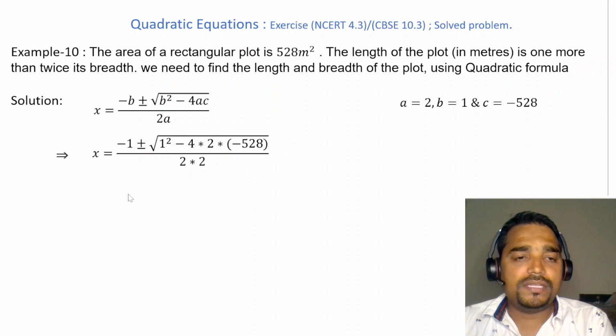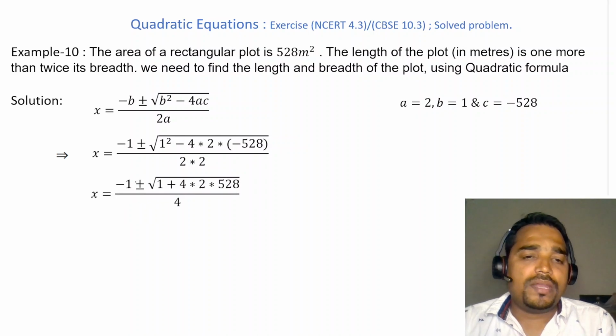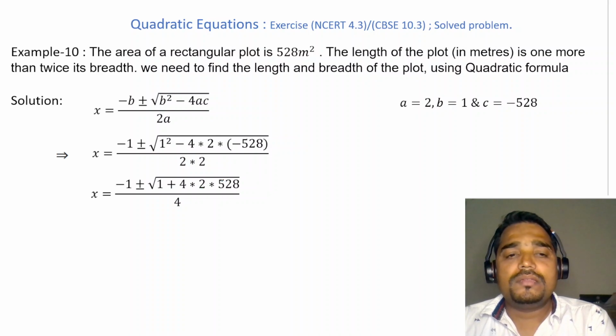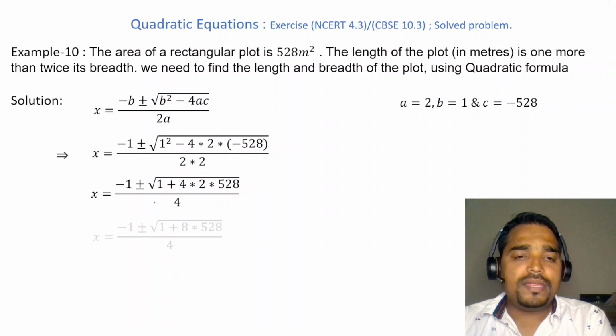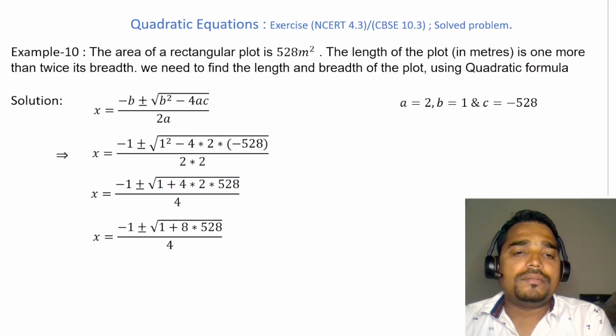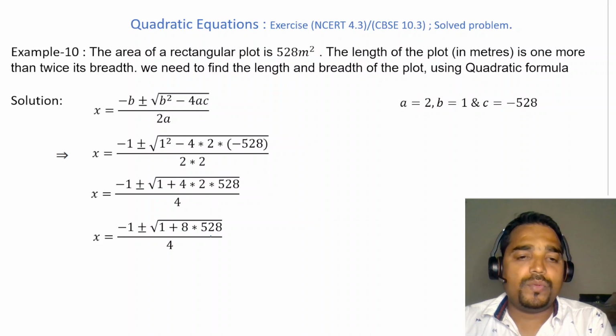Now let us simplify this equation. Minus 1 as it is divided by 4 as it is. Now within the square root, 1 square is 1, minus into minus is plus, 4 2s are multiplied by 528. To simplify and find the value of x, 1 would remain as it is, 4 2s is 8, 528 within the square root. The other terms of minus 1 and 4 would remain as it is.